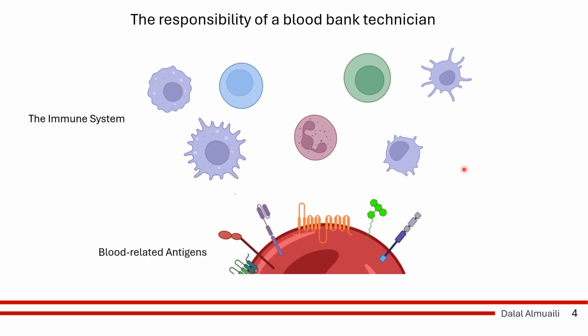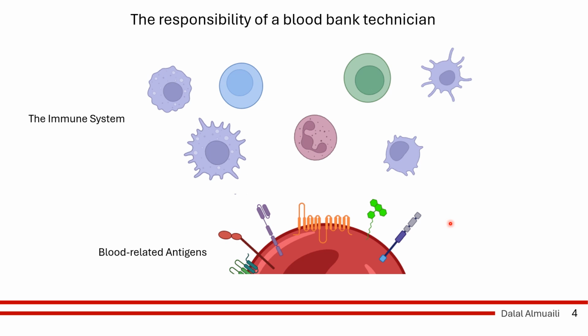Now, when they come in contact with any transfused component, and I have here a red cell just for illustration, when they come in contact with it, they come in contact with all of what's known as antigens that are expressed on the surface of the transfused component. Once they come in contact with these antigens, they have to make a decision to either tolerate or eliminate. And that leads to what we know as a transfusion reaction.